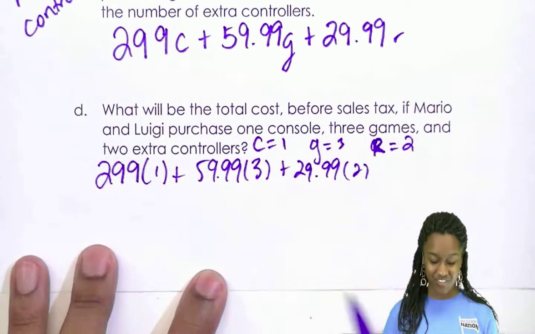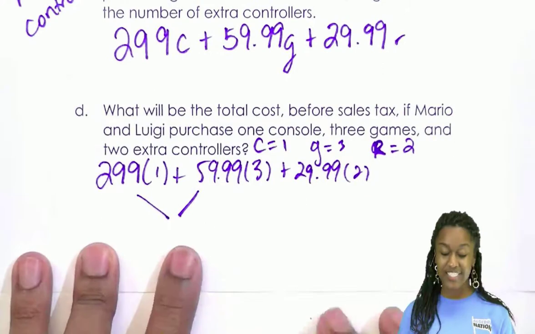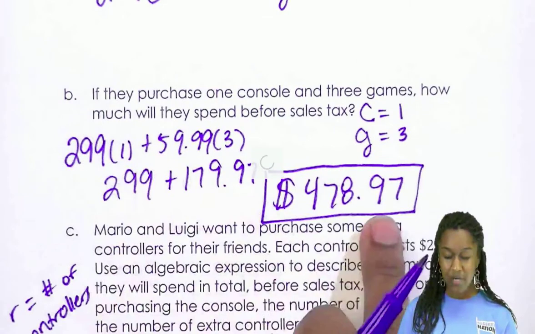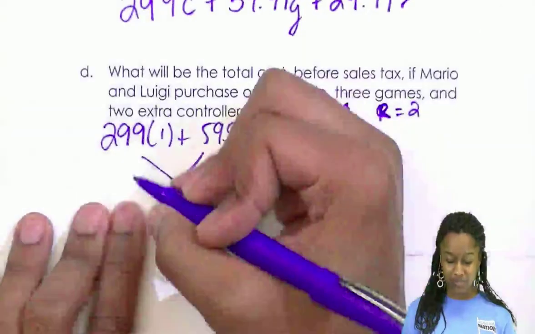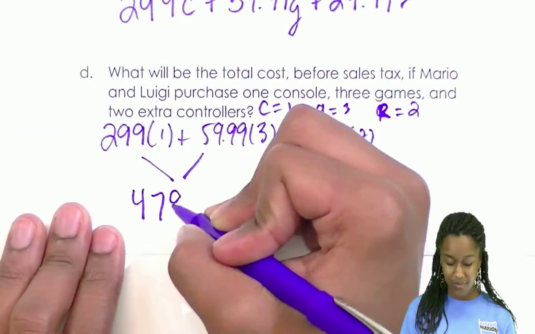And solve. So we already know what this is because we solved it up here, right? So we can just go ahead and bring down that number.